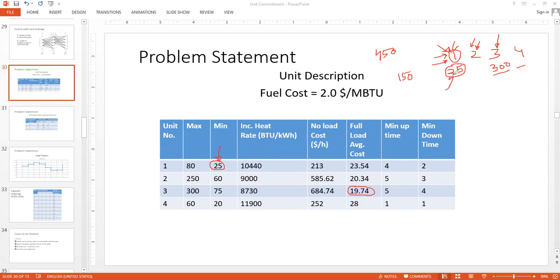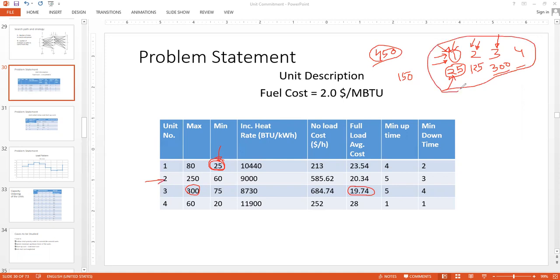So 300 I choose because that is the maximum for the least cost unit, 25 is the minimum for the highest cost unit, and the remaining value I will take from unit number 2. So what is the remaining value? If I take 325, I will be left with 125. So in this manner, I am actually going for the economic load dispatch.